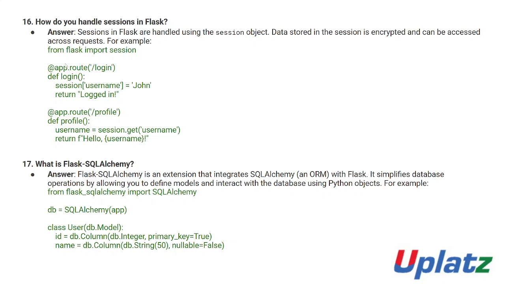For example, from flask import session, @app.route('/login') def login(): session['username'] = 'John'. So the username in the session will be stored here. John is stored here. Return 'Login'.